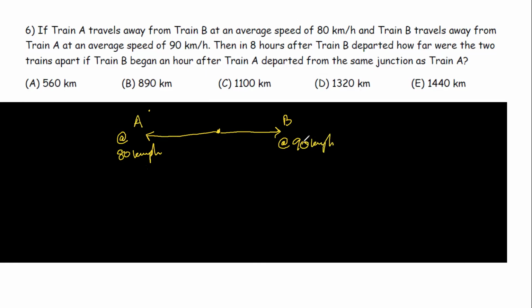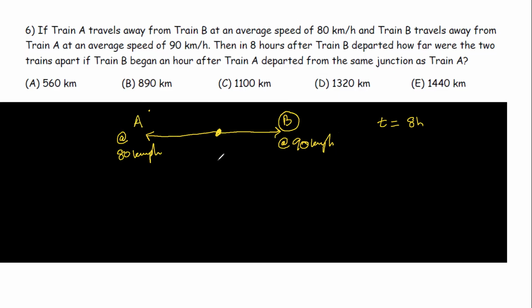Then in 8 hours after train B departed, so the time taken is 8 hours after train B departed. And remember, train B began an hour after train A departed from the same junction as train A. So this is the same junction, but what is happening? B departed an hour after train A.